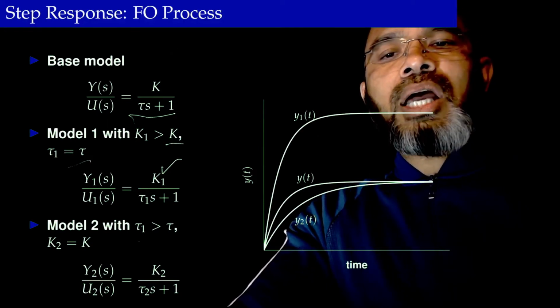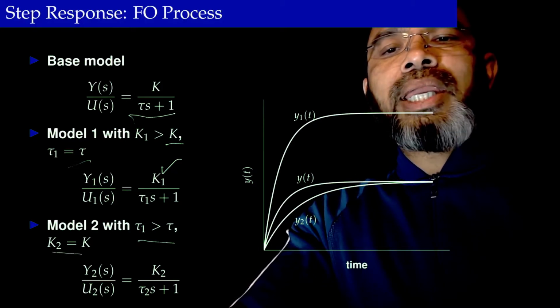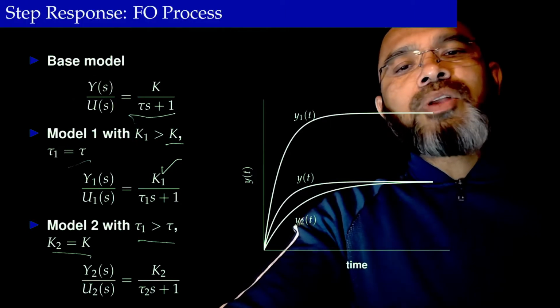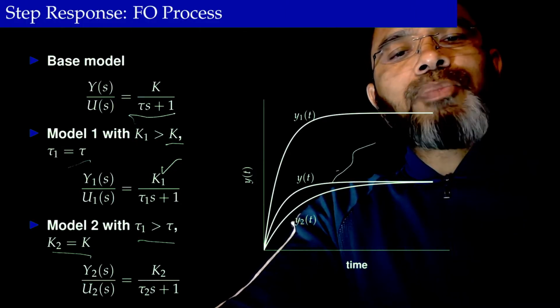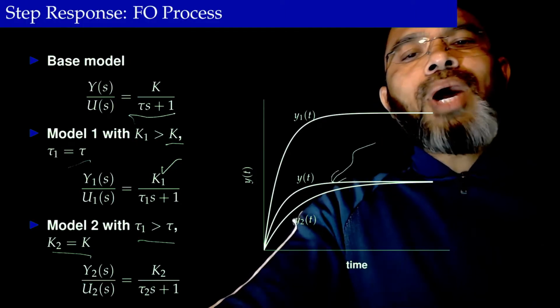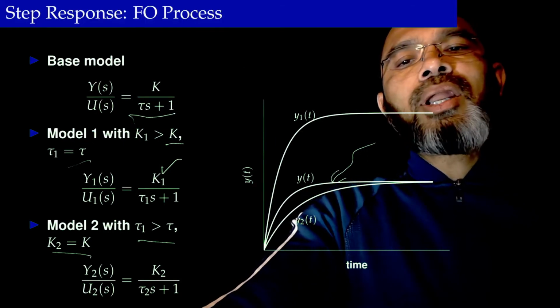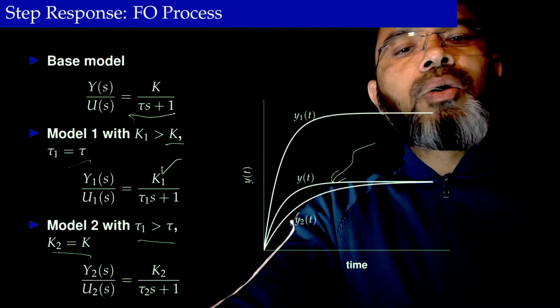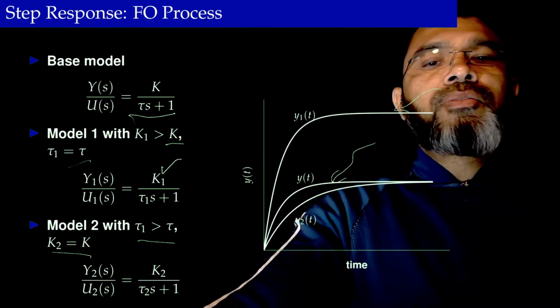For the second, tau1 is greater than tau, and k2 equals k. If we look at these three responses, this y(t) is our base response, and for model 1 we see that because k1 is higher than k, the response goes far away.